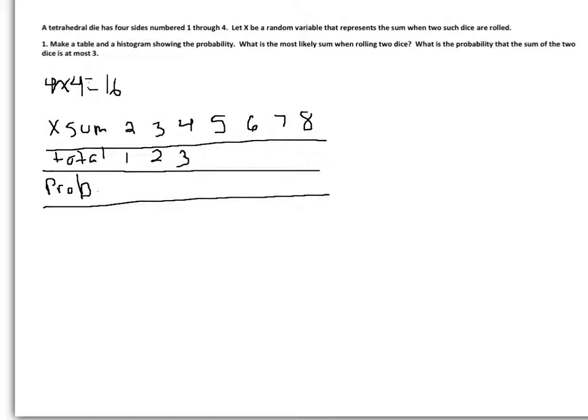So 3. 5, you could go 1, 4, 4, 1, 2, 3, 3, 2. So 4. 6, you could go 4, 2, 2, 4, 3, 3. So you have 3. 7, you could go 4, 3, or 3, 4. 8, 4, 4.